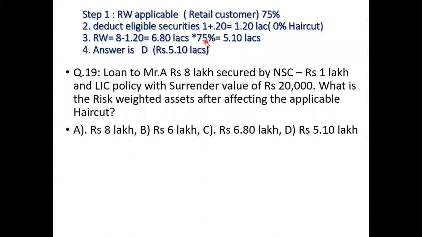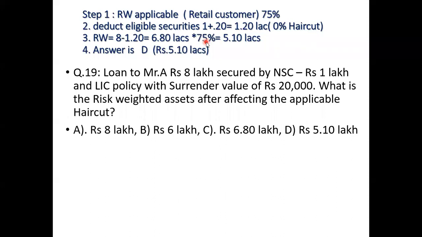Another standard thing you have to remember, note down. Unrated borrower 100%, AAA rated 20, AA 30, A 50. These things you have to remember. Gold means 15% haircut. NSC means zero haircut. LIC means again CCF. I think all of you know CCF, credit conversion factor.